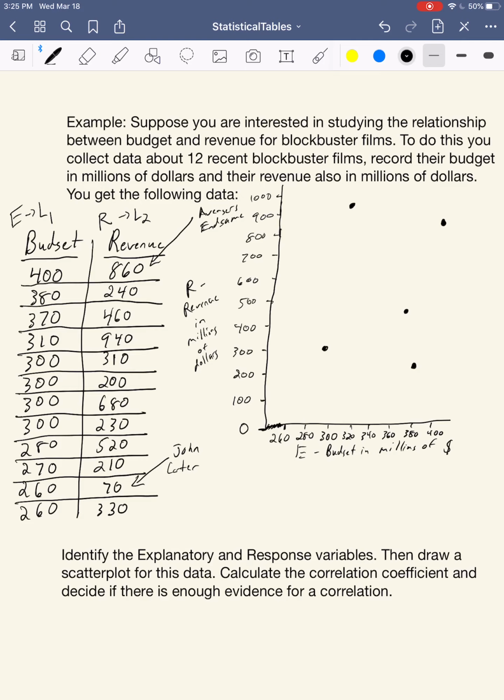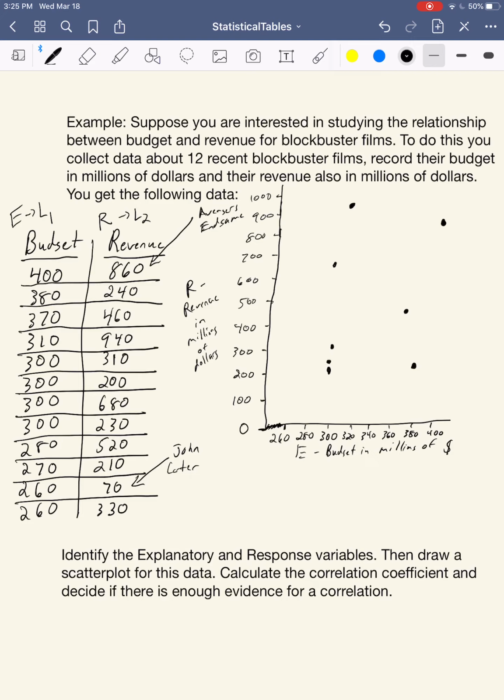My point looks a little sloppy, I do apologize, we'll just redo that guy. That was 300 and 310, so that looks like somewhere right about there. Then we also had 300 and 200 right there. Then we also had 300 and 680, so somewhere way up there. And we also had 300 and 230, which is maybe right about there.